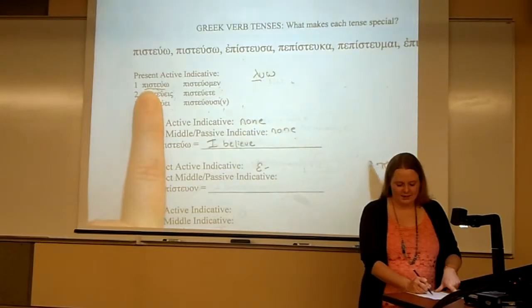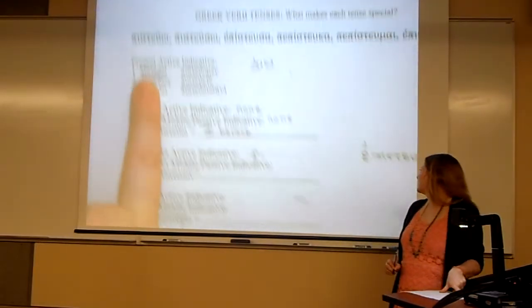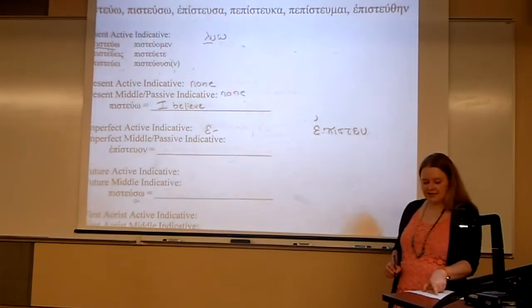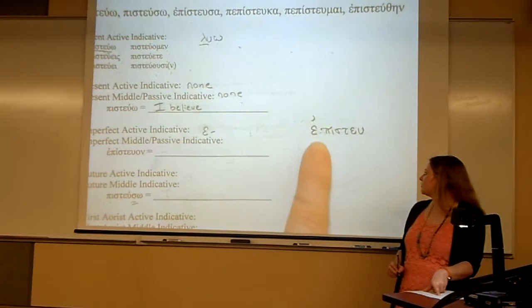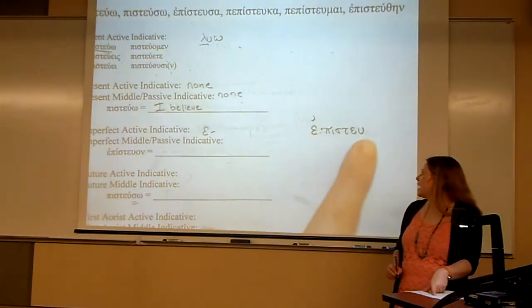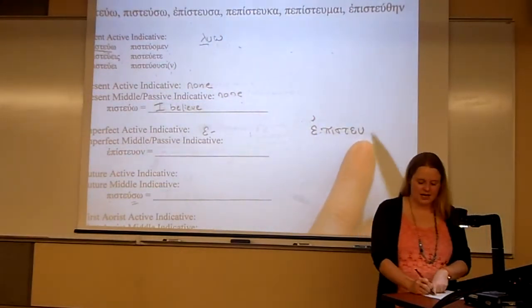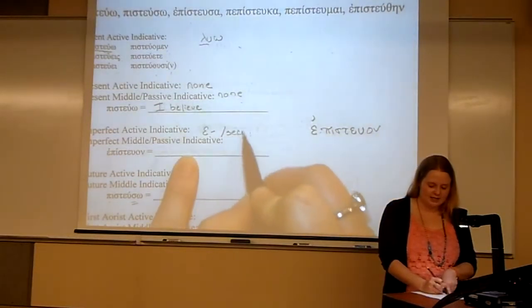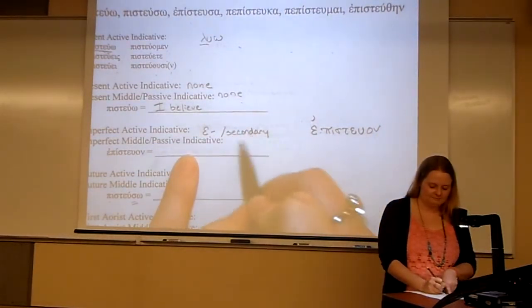And if we put an epsilon augment in front of it, then what you now have is a past tense verb. Past tense verbs have this augment in the beginning. Epistu, and then you'd add the secondary endings. That's this other characteristic. Secondary endings.